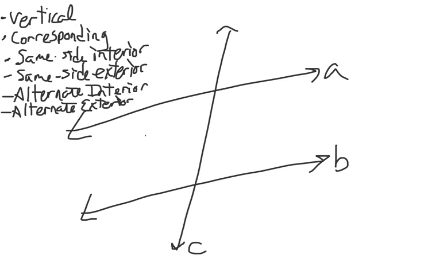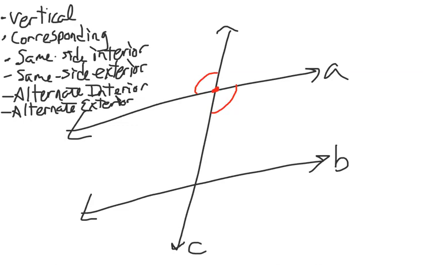Okay, I'm going to show you an example of each of the 6. So let's start off with vertical. Vertical is your old favorite. We remember this one. They have to be literally right across from each other like that. They have to share the same vertex. So if they don't have a common vertex, they can't be vertical.